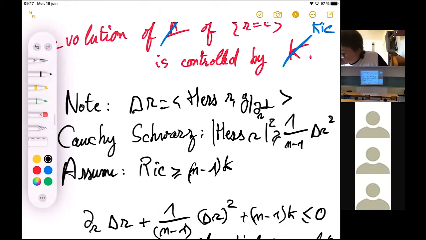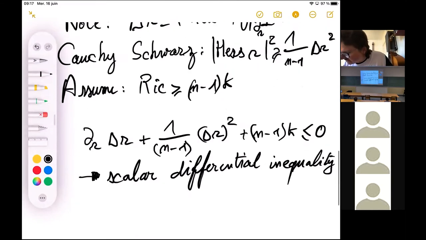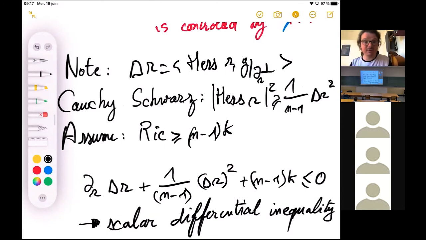You can control the Laplacian in terms of the Hessian, but you cannot control the Hessian in terms of the Laplacian alone. So this is a hint that with Ricci curvature bounded from above, you won't get very much, especially with only that bound.